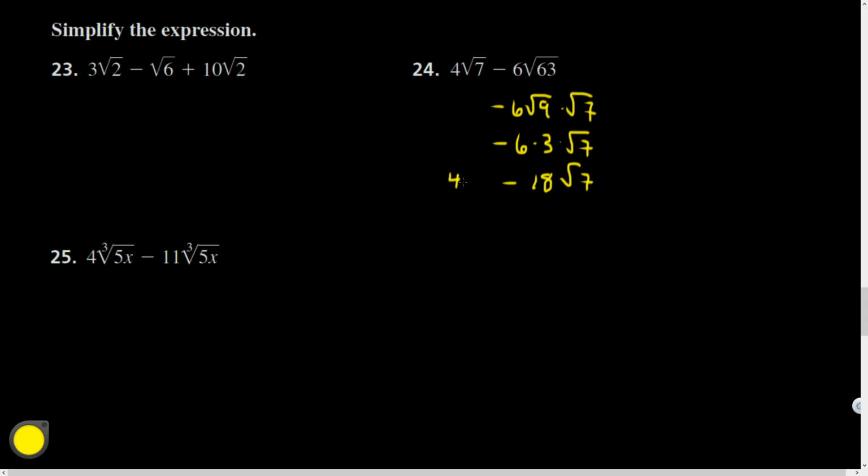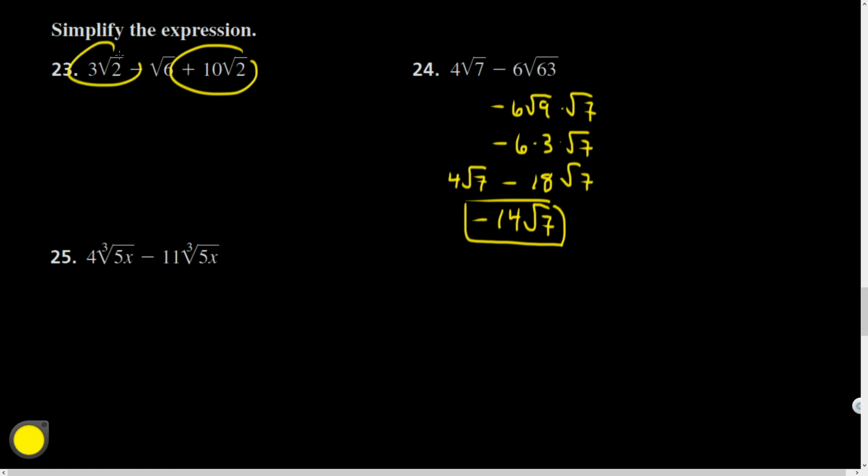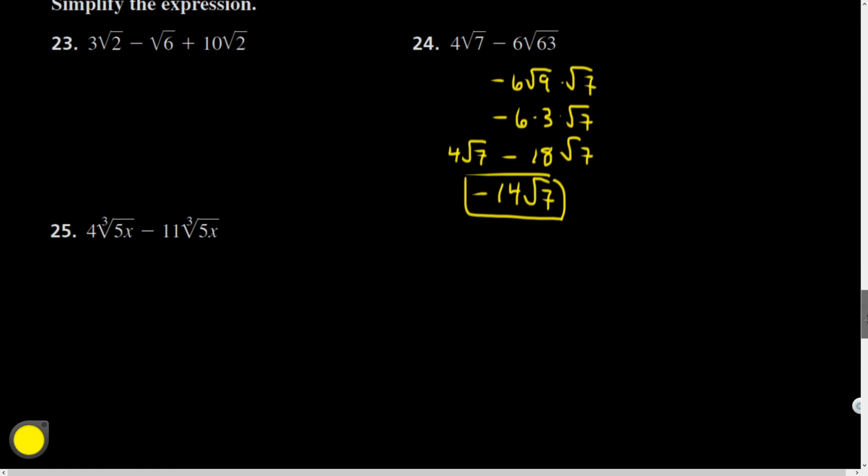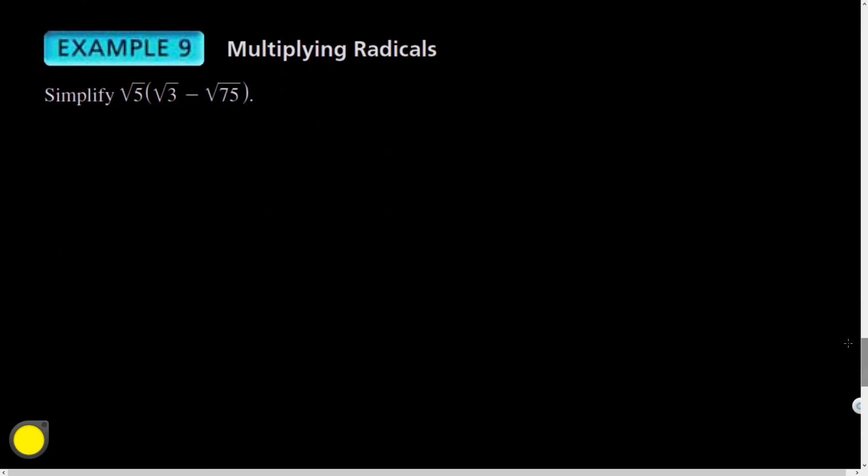And I'm going to combine that with the 4 rad 7. 4 minus 18 is a negative 14 rad 7s. And so sometimes you can simplify a radical in order to get like radicals. That's the idea. This one, it was this one and that one. Bam. All right, last question.